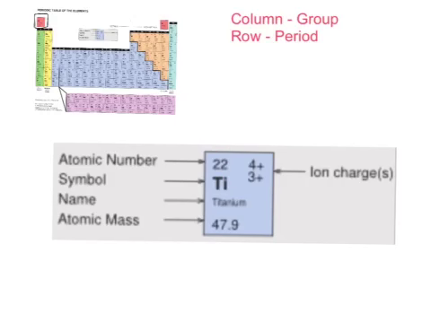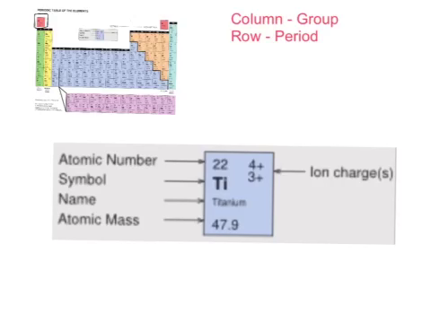So this is actually the number of protons. The titanium's atomic number is 22. Ti is the symbol, the name is titanium, and the atomic mass is 47.9.